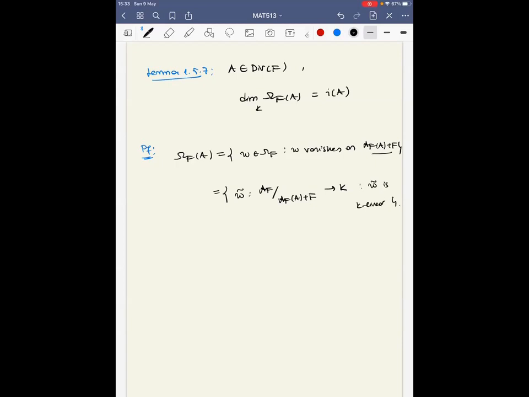So that means their kernel still contains this sum of vector spaces.